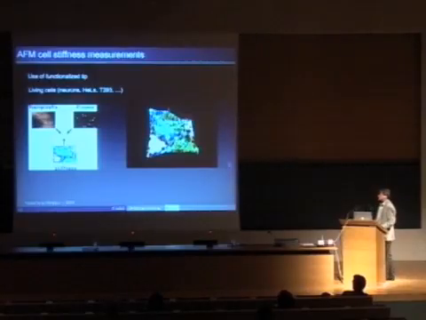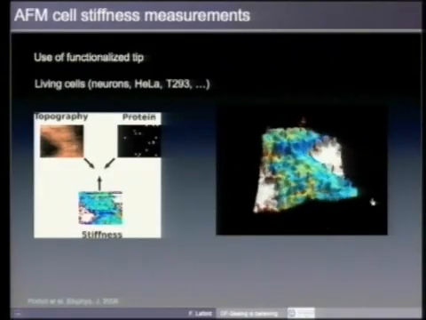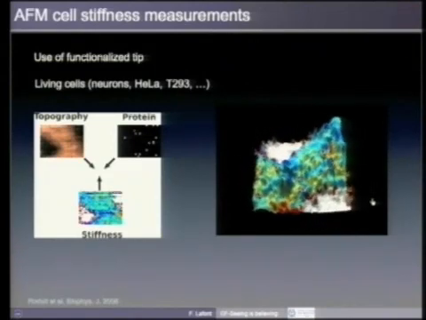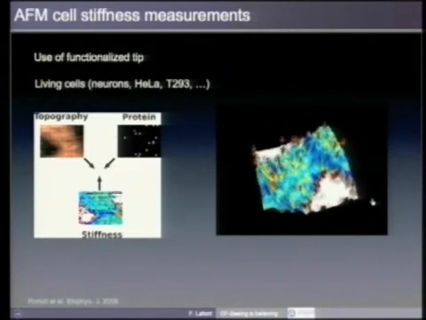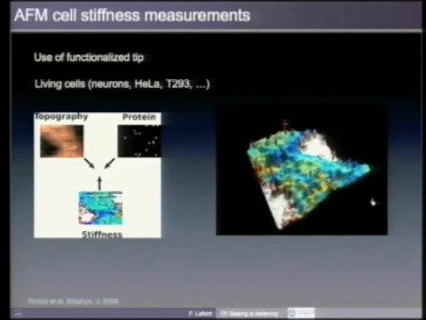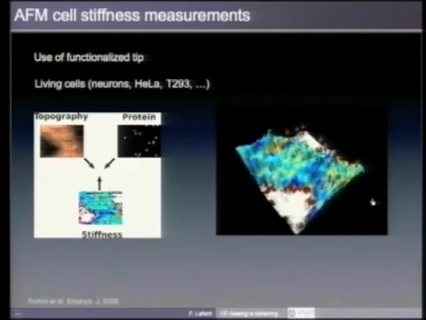So this is just to give you an illustration. Here we have an axon from a hippocampal neuron, and the scale here is 2 micrometers. You have the topology here, and the pseudo-color code for the stiffness of the axon.